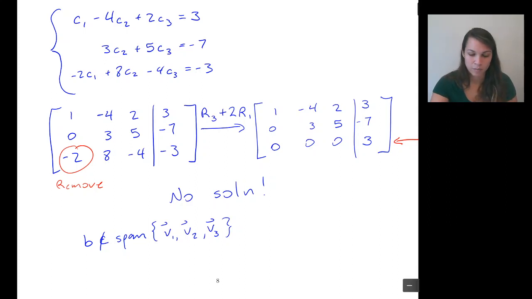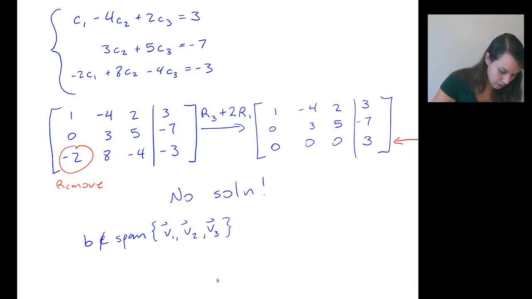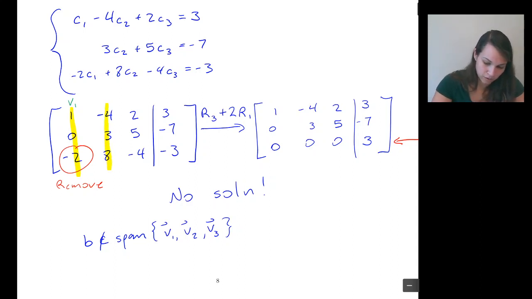So this problem is really cool because it just related span back to solving systems of linear equations. And I want to make a note right here. Look at this column. That's V1. What if we look at column 2? Column 2 is V2. Column 3 is V3.